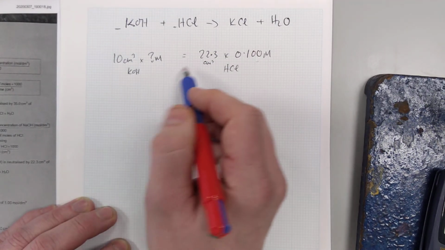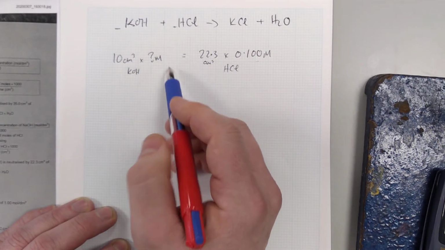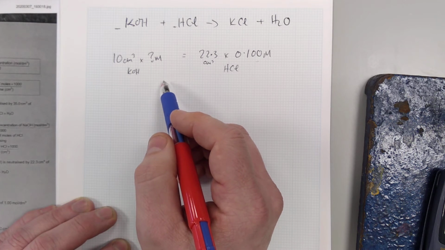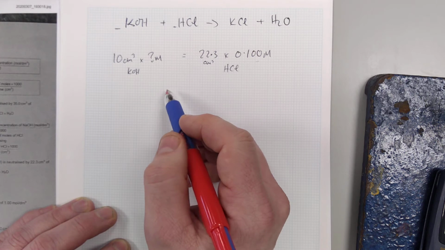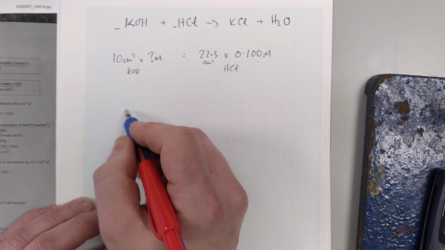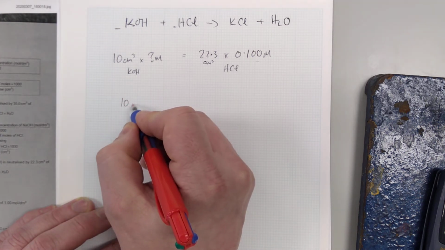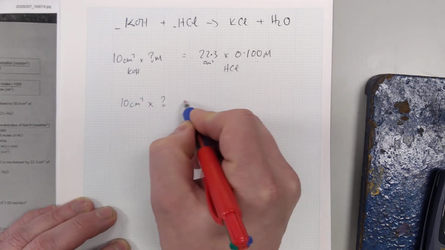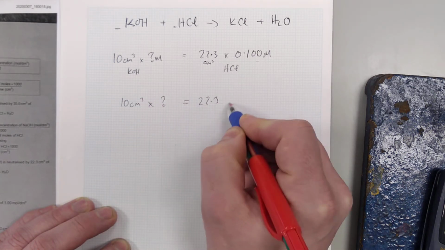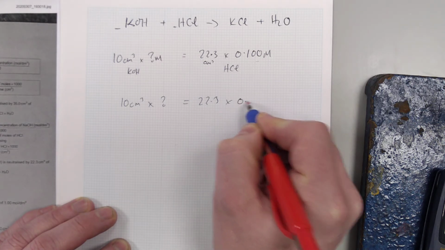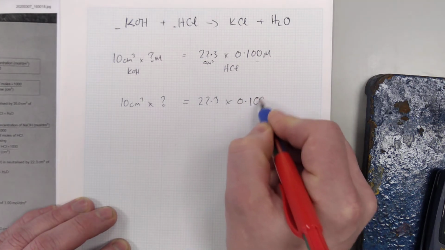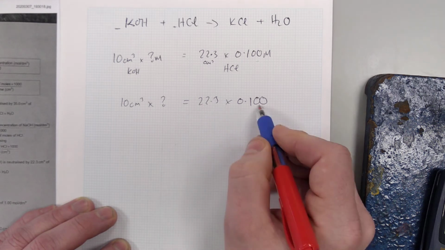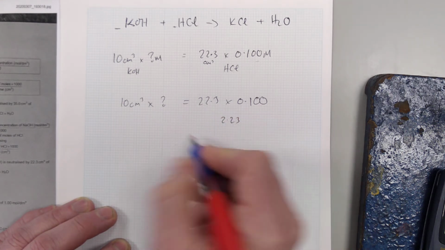There's an easy way to do it where we've got a 1-to-1 ratio, and we won't focus on calculating the number of moles just yet. We'll just do a simple calculation. So it's 10 times our unknown is equivalent to 22.3 times 0.1. We can simplify that. That's going to be 2.23.